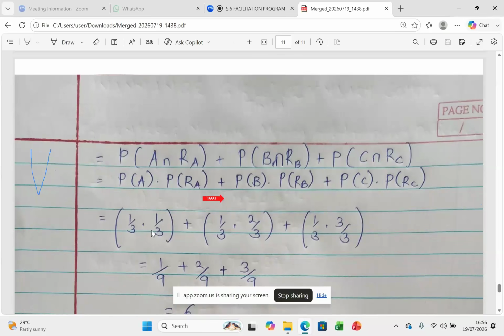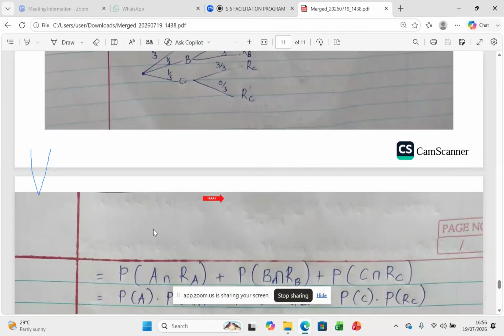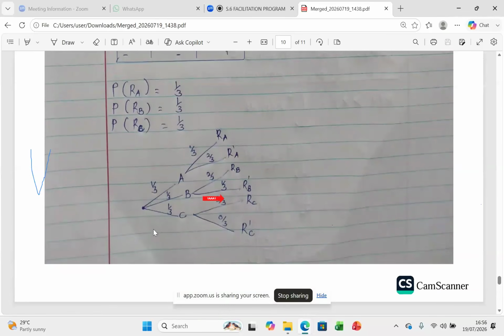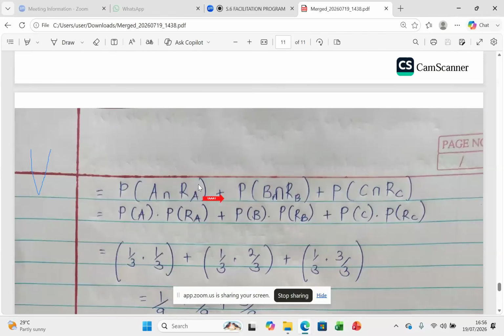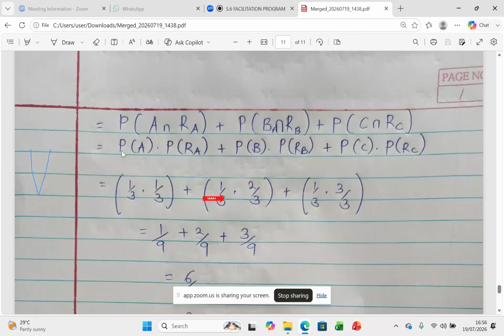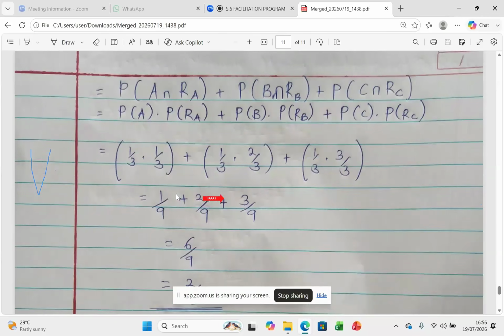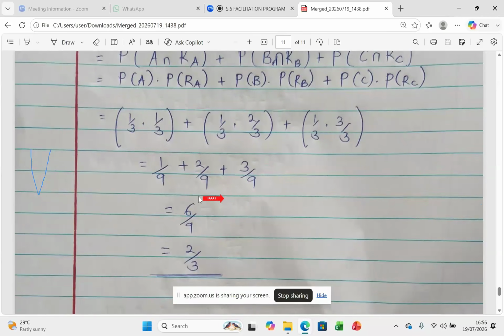Then, according to the different probabilities that we were showing you here, you just substitute in the probabilities that you've stated here. So we substituted in, and the total probability we got was 2 out of 3.